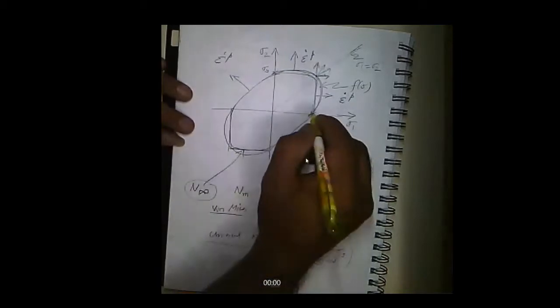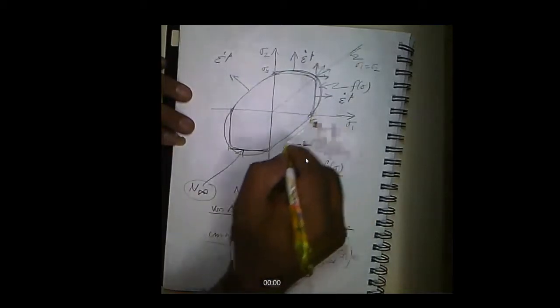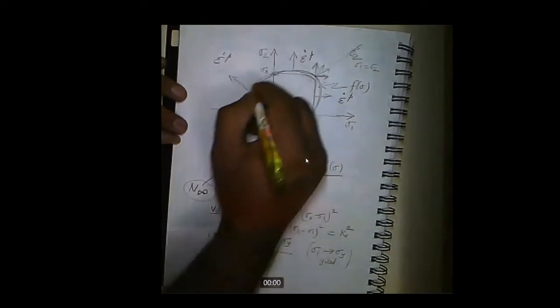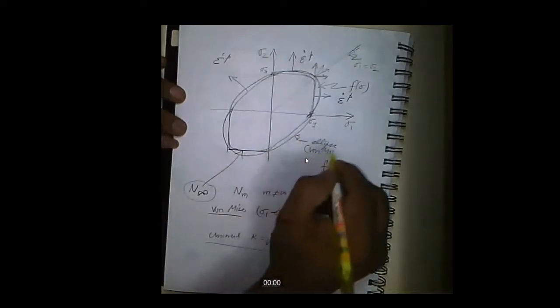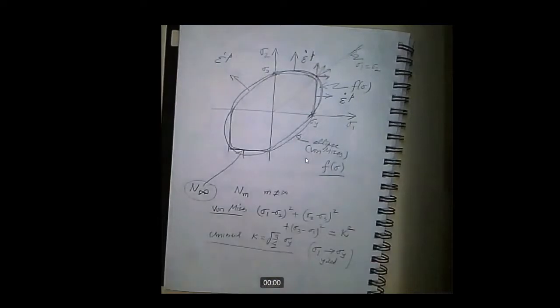And if you do it here, it will come out to be something like this. And this is an ellipse, which is the von Mises yield surface. The ellipse you draw is outscribed over the corner.